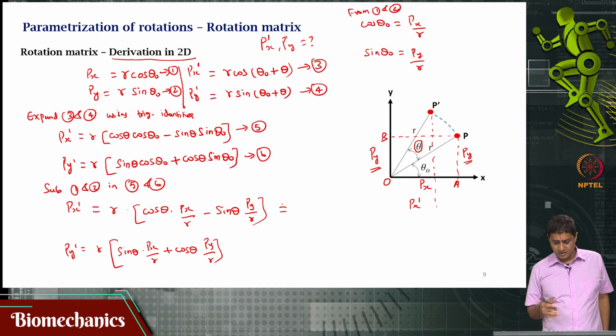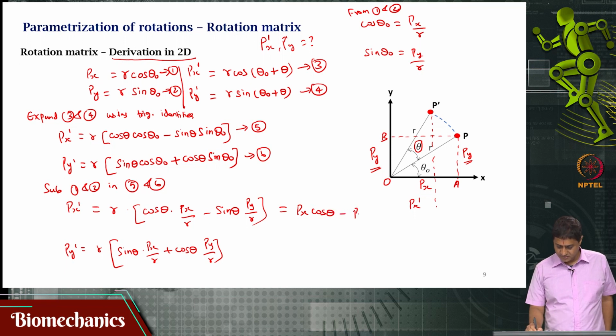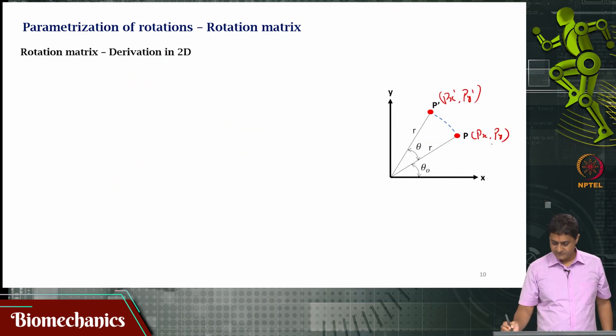I am cancelling r and simplifying this a little bit. After some algebra, what does this become? This becomes Px cos theta minus Py sin theta, and this becomes Px sin theta plus Py cos theta.